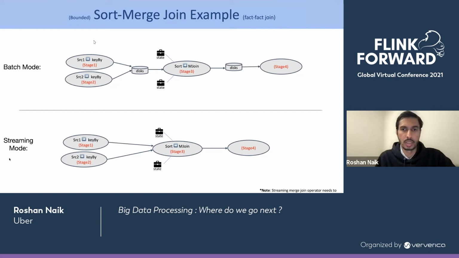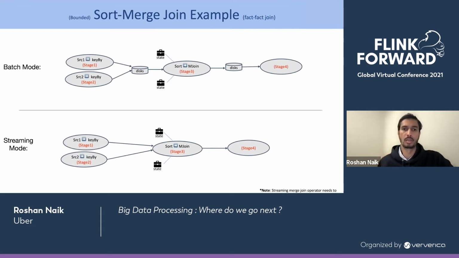Let's now take a concrete example of an offline job and do some back of the envelope calculations to assess the difference in resource requirements for a batch job versus a streaming job, to understand the impact of scale.